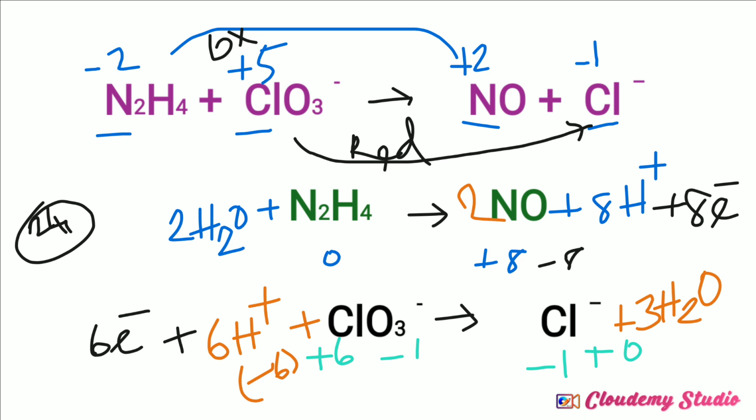The first equation, the oxidation reaction, we are multiplying by 4 times, then only it will become 24.